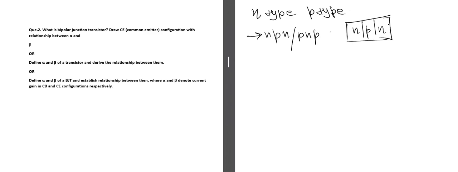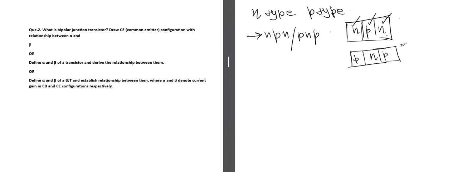So this is an NPN, where the first semiconductor is N type, the second is P type, and the third is N type. Similarly, we can sandwich an N type semiconductor between two P type semiconductors. So this is a PNP transistor.